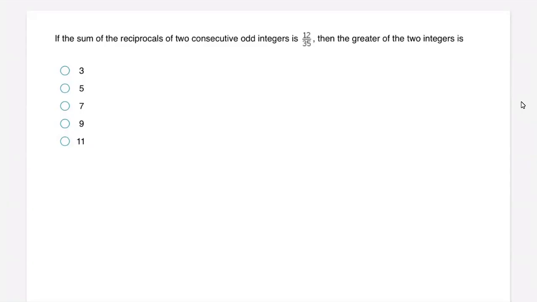If the sum of the reciprocals of two consecutive numbers, so I have n and n plus 1, the sum of this is 12 over 35. Okay, you have the option to develop this, but in my opinion, it's totally unnecessary.